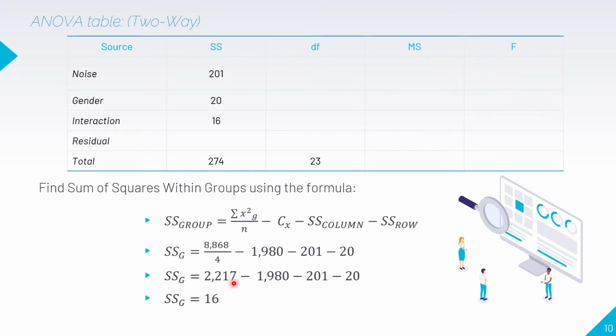So our Cx, right, is 1,980. Our SS column, we have 201. As our SS row, we have 20. So minus them all, we have 16 as our SS group or within groups.